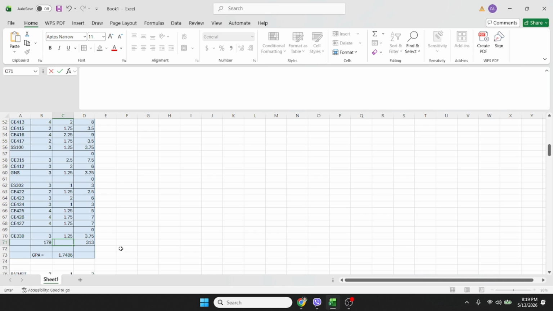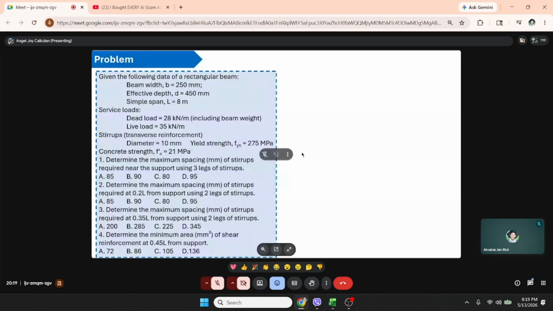So for our first problem, given the following data of a rectangular beam, width is 250, effective depth is 450, and the span of 8 meters, and we are given the service dead load of 28 kilonewton per meter, including the beam weight, and live load of 35 kilonewton per meter, and stirrups or the transverse reinforcement diameter is 10 mm with a yield strength fyh equals to 275 MPa.